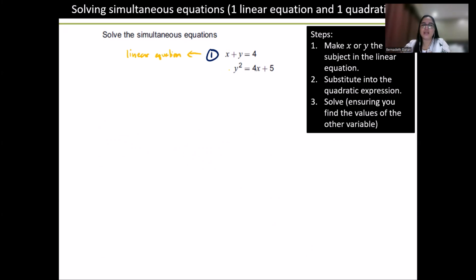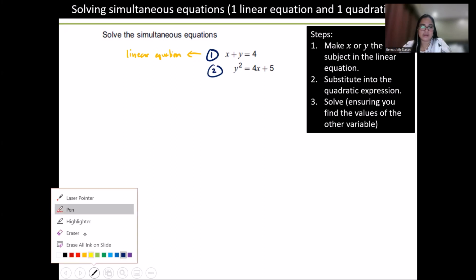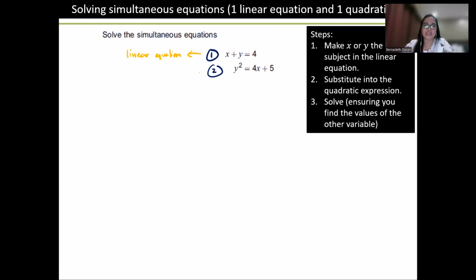While in our second equation, what is the highest exponent? The highest exponent is 2, right? So therefore, this is not a linear equation, but instead, this is a quadratic equation.